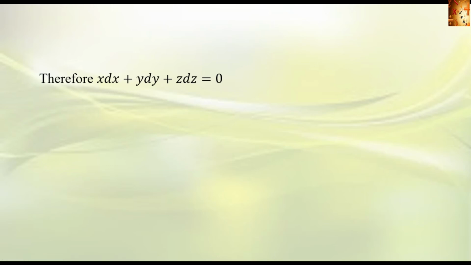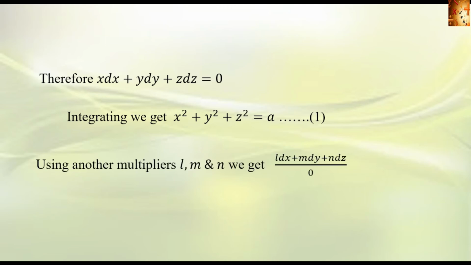Then on integration we get x square by 2 plus y square by 2 plus z square by 2 equal to some k1, that is x square plus y square plus z square equal to a, which is the first solution. Similarly here I am going to use the multipliers L, M, N. Then also the denominator becomes 0. So which implies L dx plus M dy plus N dz is equal to 0.